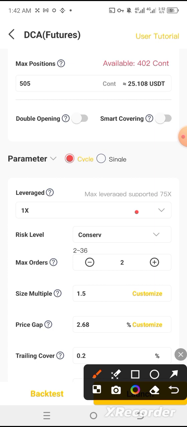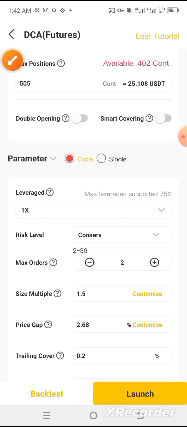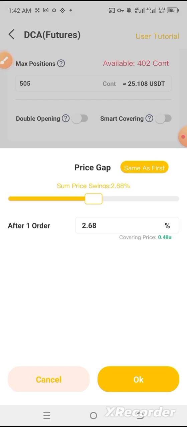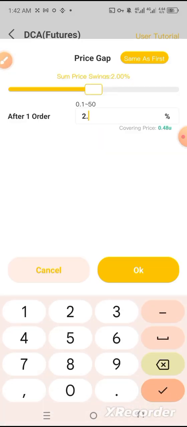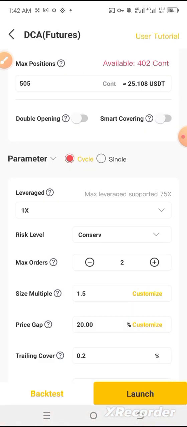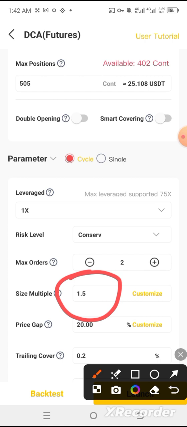It's not as if it cannot get there, but it takes a very long time to get there. So I choose the price gap to be 20%. If the coin goes 20% deep, that is when it will buy another one for me, and it will buy 1.5 for me.